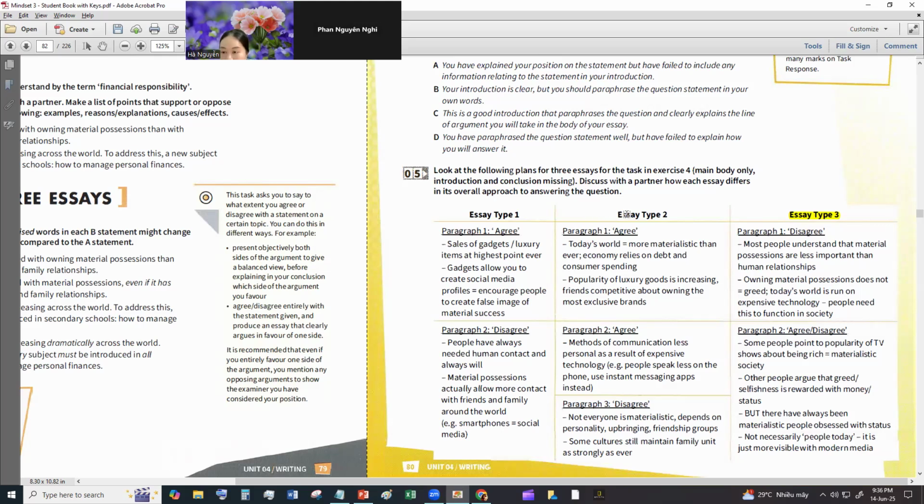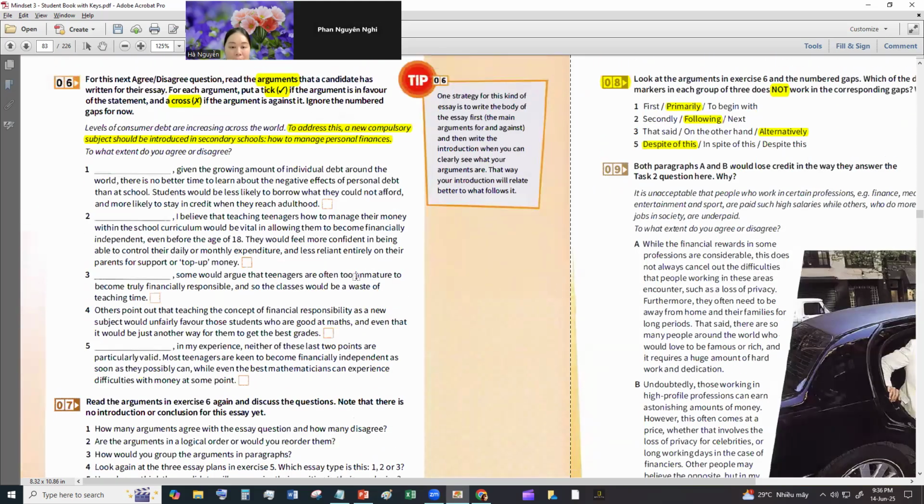The same thing goes for type 2 and type 3. But with type 2 and type 3, your opinions are much clearer when you spend more body paragraphs for that, or you spend time counter-arguing the opposing point. And then we looked at some ideas and body paragraphs of the managing personal finances statement.